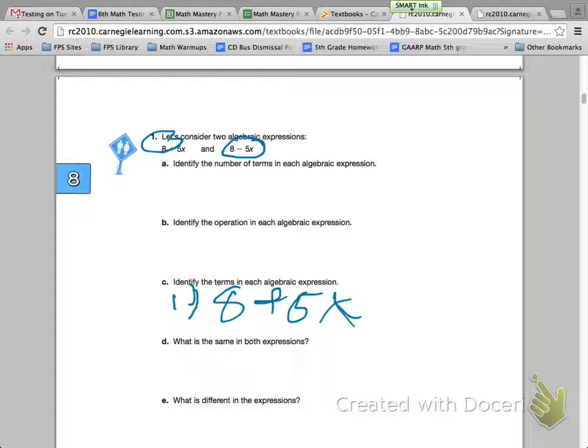And it says, since we said that the terms in both were 8 and 5x, the terms are the same in each expression, and the number of terms is the same as well. And what would be different would be the operations themselves.